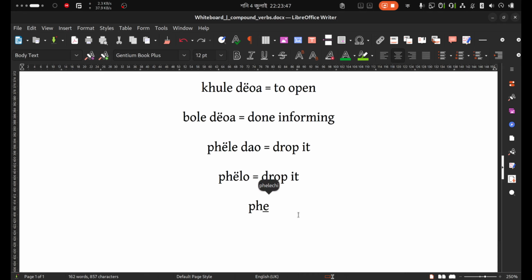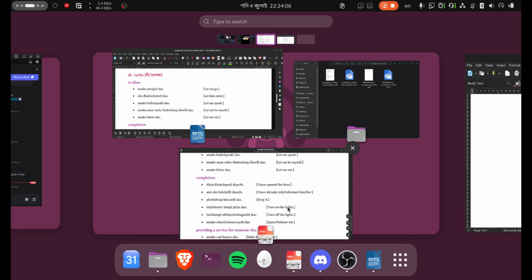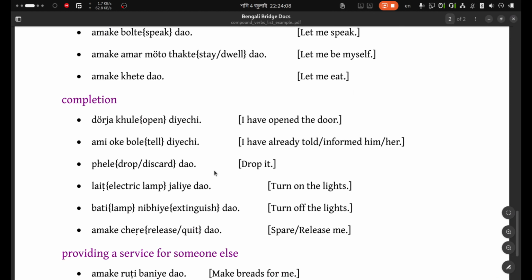Phele dewa means discarding something, or dropping something. So this sentence, phele dao, is a command: drop it or discard it.